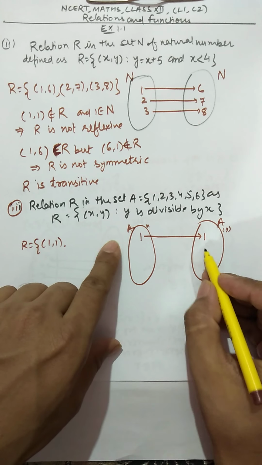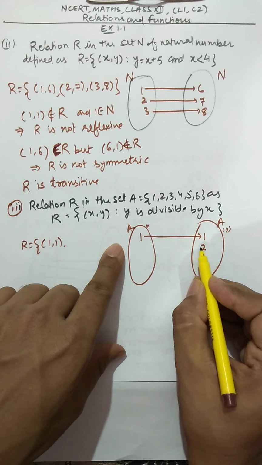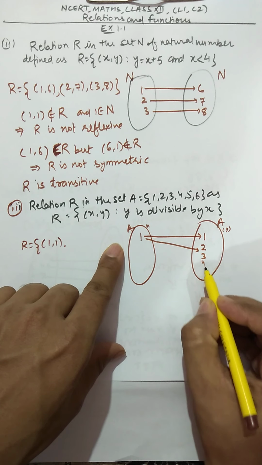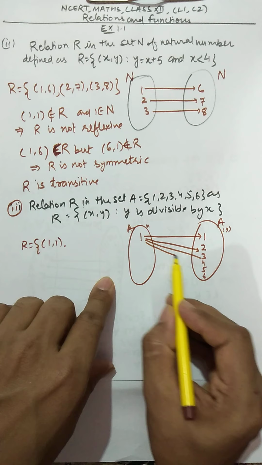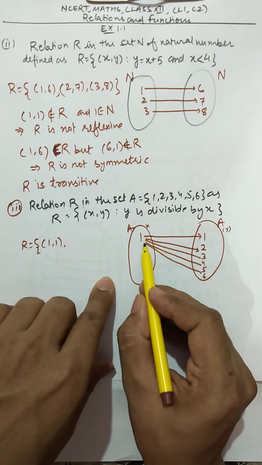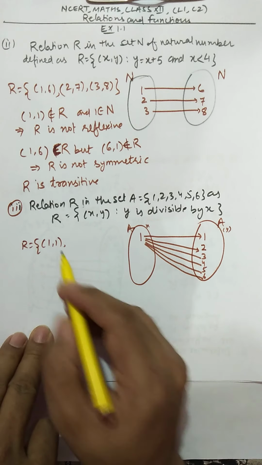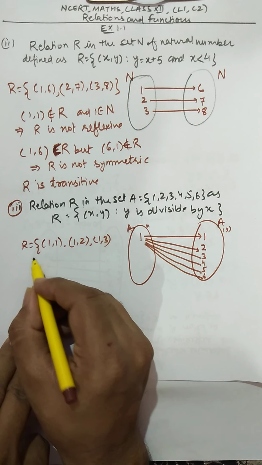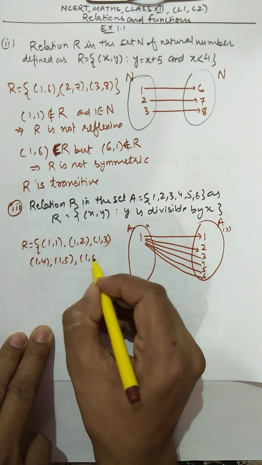Now take 2. 2 is divisible by 1, this is fine. Similarly 3, 4, 5, 6 are all divisible by 1. So in this all numbers will come: (1, 3), (1, 4), (1, 5) and (1, 6).